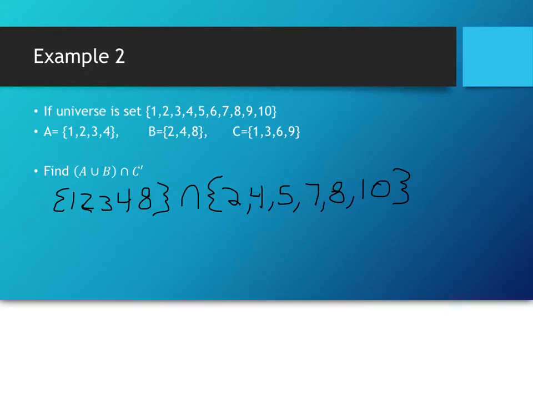Now intersection means what's in common. So we have a 2, a 4, and an 8 that are in common. So 2, 4, and 8 is the intersection of the union of A and B with the complement of C.